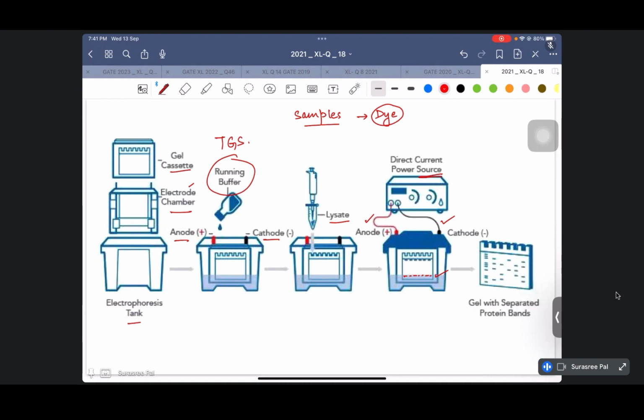And then we dismantle the whole system. We take out the gels. We open those gel cassettes, the glass plates, and then we take out the gel and stain it. So what is the stain used here for staining the protein samples?